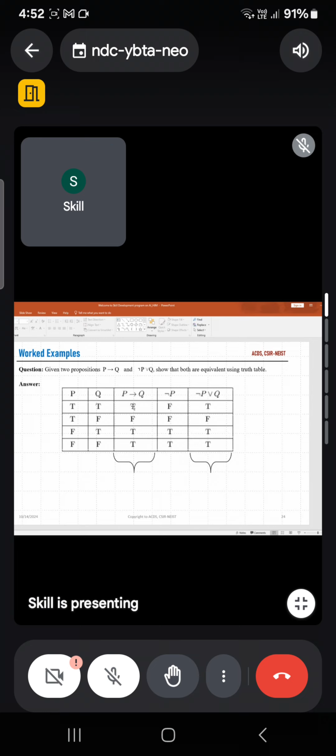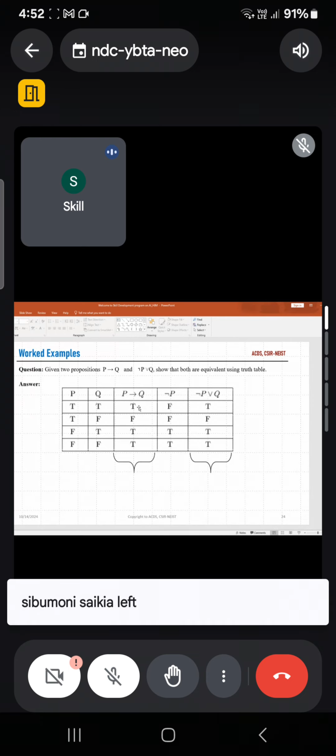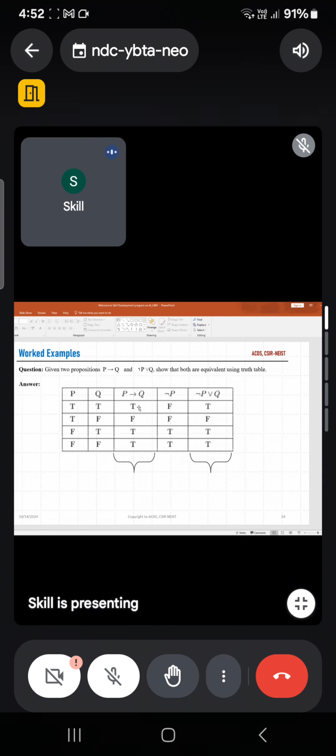First we will see P implies Q. You can see P is true and Q is true, so we write true. Whenever P and Q are true, the implication is also true.